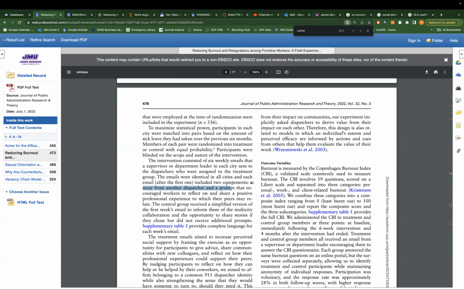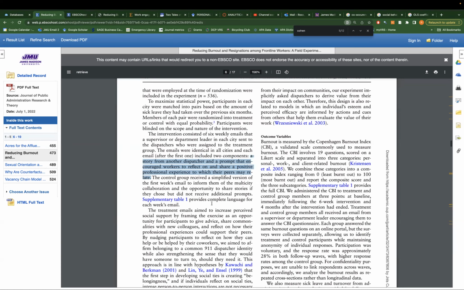A story from a dispatcher is sent, which sounds like increased camaraderie, in the sense of you're not alone out there. And then there's a prompt that encourages workers to reflect on and share a positive professional experience to which their peers may relate. So again, it improves the social support component of what might otherwise be an alienating job, where you're off on your own dealing with all these angry people all the time.